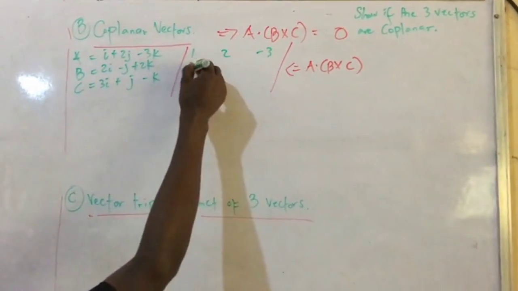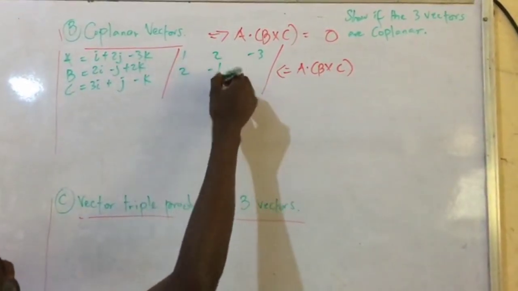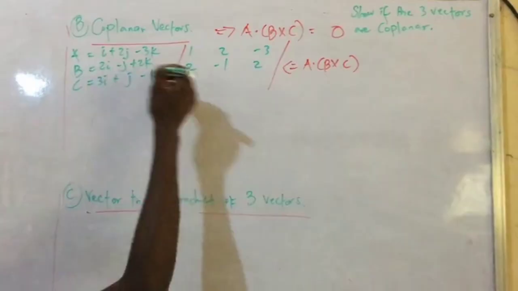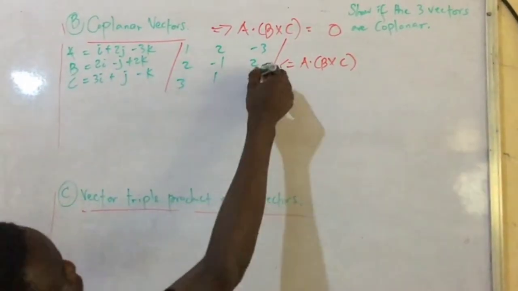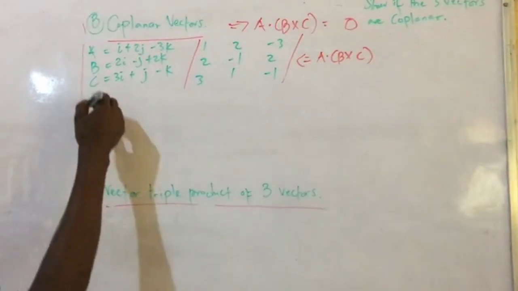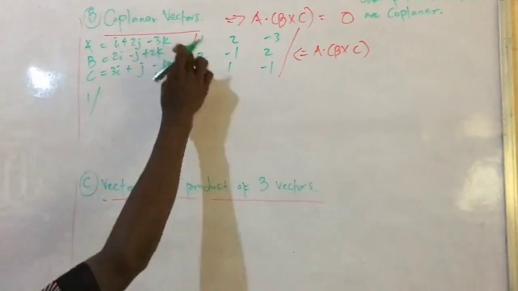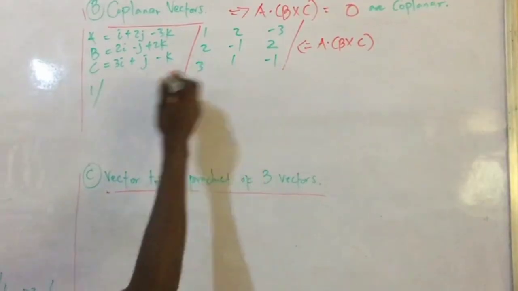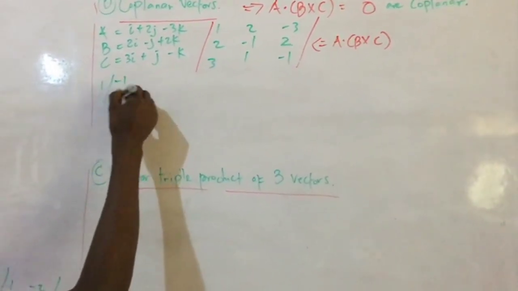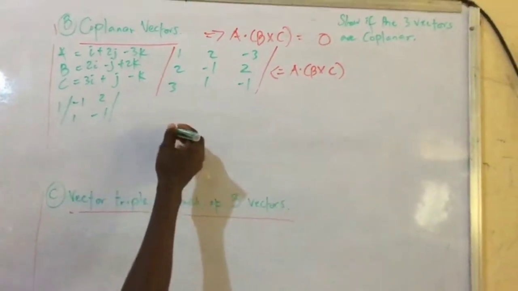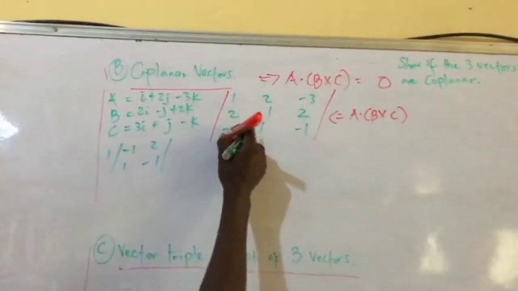And here we have i as 1, j as minus 1, and k as 2. We have i as 3 here, j as 1, and k as minus 1. Now we can bring out the determinants. We have 1, this goes out, we have minus 1, 1, 2, minus 1. Then remember that we have plus, minus, plus also.